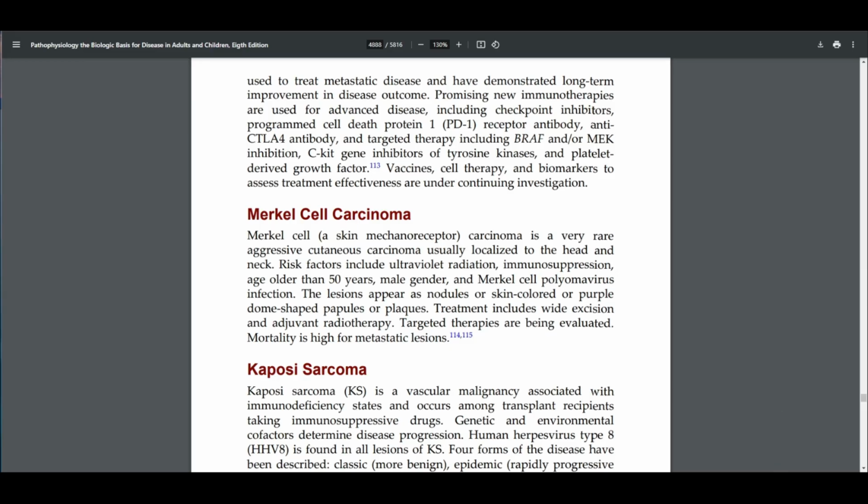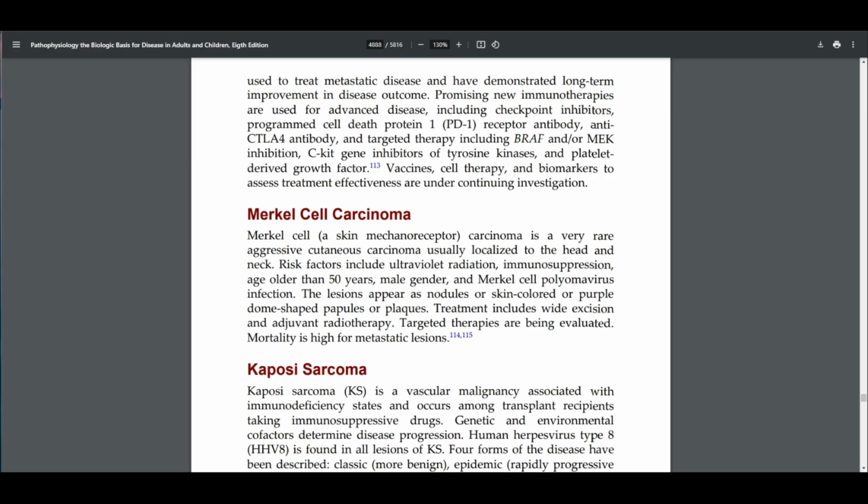Promising new immunotherapies are used for advanced disease, including checkpoint inhibitors, programmed cell death protein 1 receptor antibody, anti-CTLA4 antibody, and targeted therapy, including BRAF and/or MEK inhibition, c-KIT gene inhibitors of tyrosine kinases, and platelet-derived growth factor. Vaccines, cell therapy, and biomarkers are assessed. Treatment effectiveness is under continued investigation.